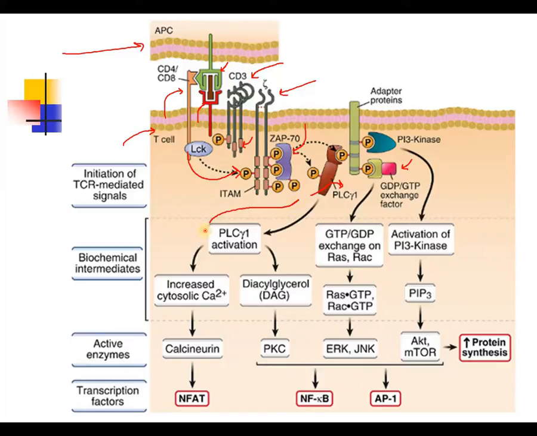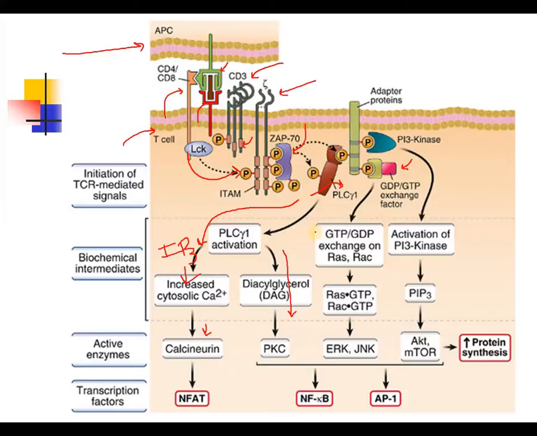So phospholipase C activation ultimately causes IP3 that binds to the endoplasmic reticulum and releases calcium from the endoplasmic reticulum. Diacylglycerol remains at the plasma membrane. These in turn activate other enzymes like PKC, protein kinase C, or calcineurin in the case of calcium.